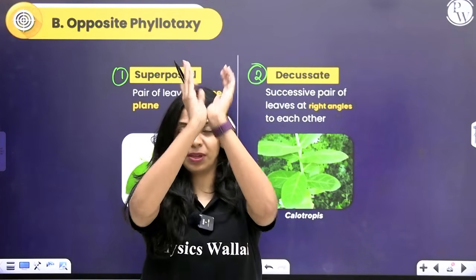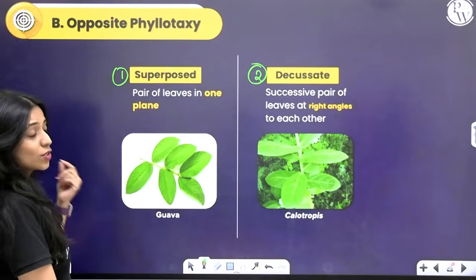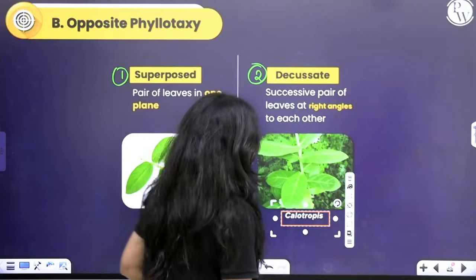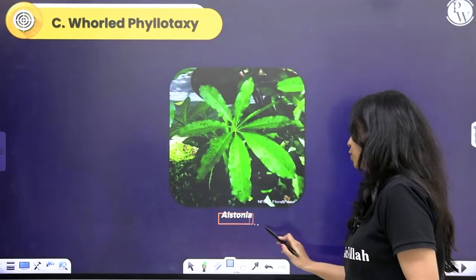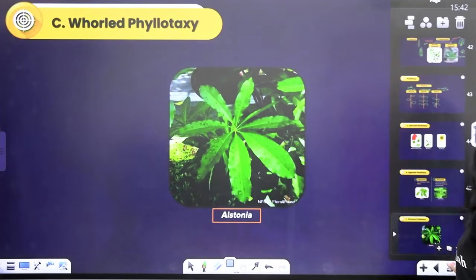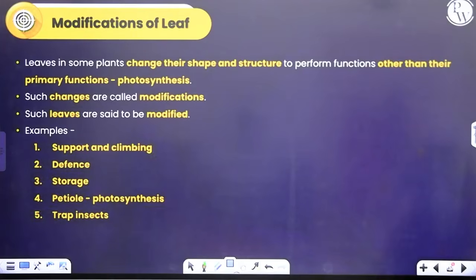Again in the next node it will be like this. In that case we call it opposite decussate. Opposite superposed you can see in guava and opposite decussate you can see in calotropis. Okay. Now let's talk about whorled phyllotaxy that can be found in a plant called Alstonia. Alright, that's about phyllotaxy. Now let's move on and learn about modifications in leaves.